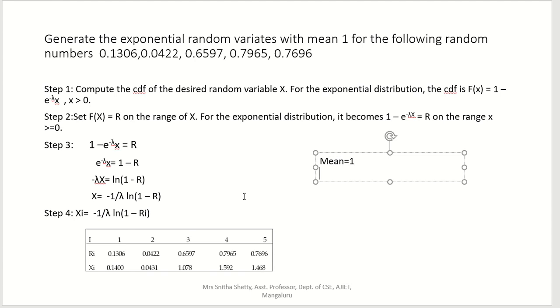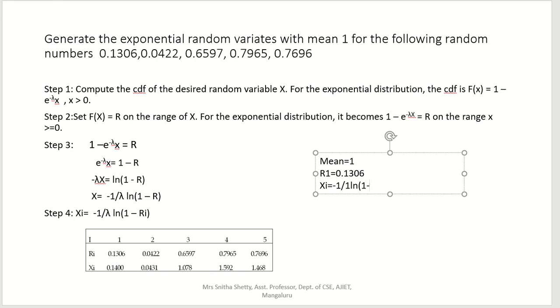So we'll generate the random variate when r1 is equal to 0.1306. So what does your formula say? xi is equal to minus 1 divided by lambda. Lambda is 1, right? Next ln of 1 minus ri.